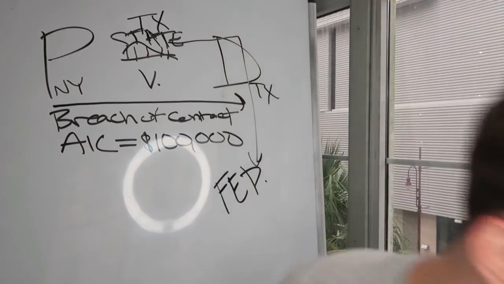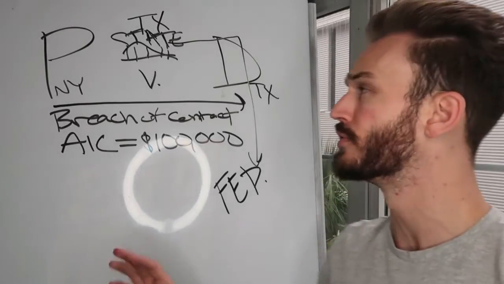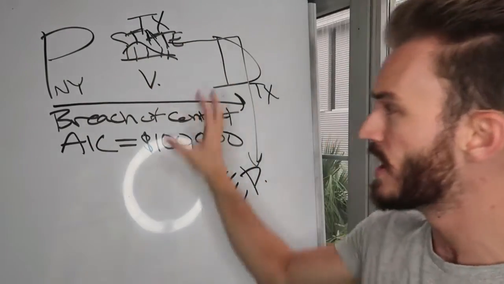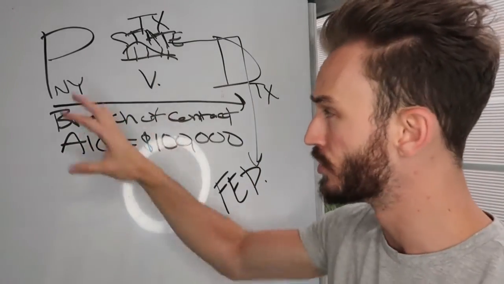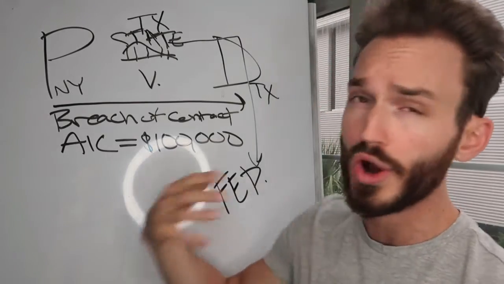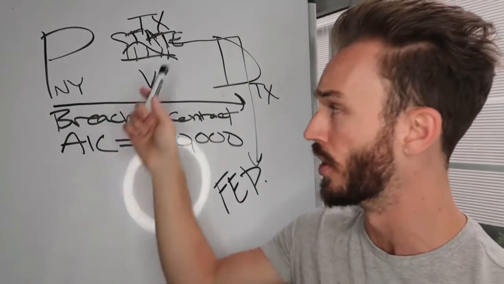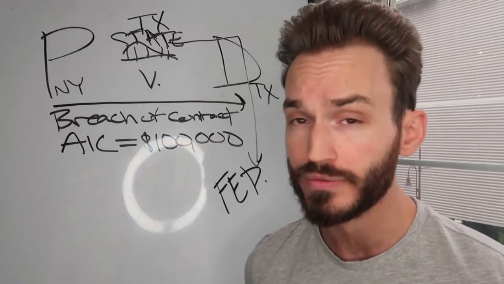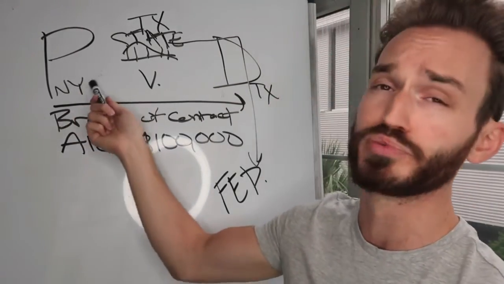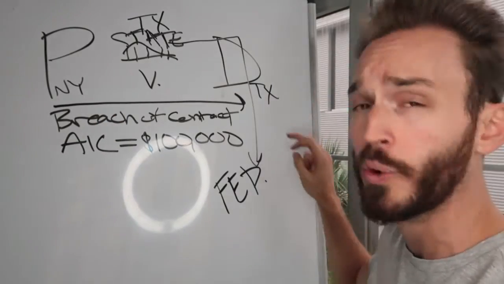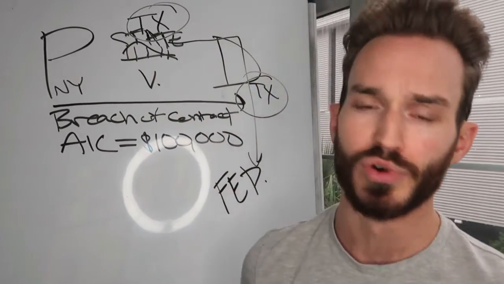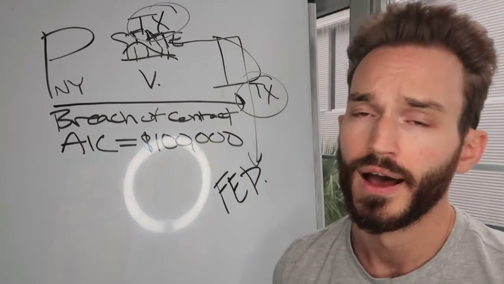In this scenario, under the rules of federal civil procedure, the defendant couldn't remove this case, even though this satisfies diversity jurisdiction. The federal court would have subject matter jurisdiction over this case under diversity jurisdiction, but because the plaintiff is bringing the action in the defendant's home state of Texas, the defendant is not allowed to remove it to federal court.